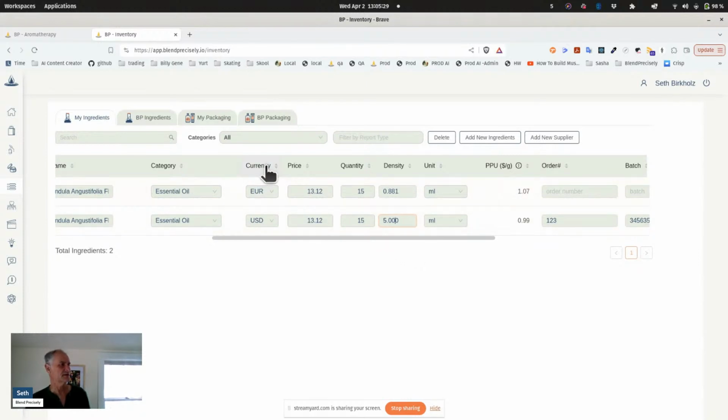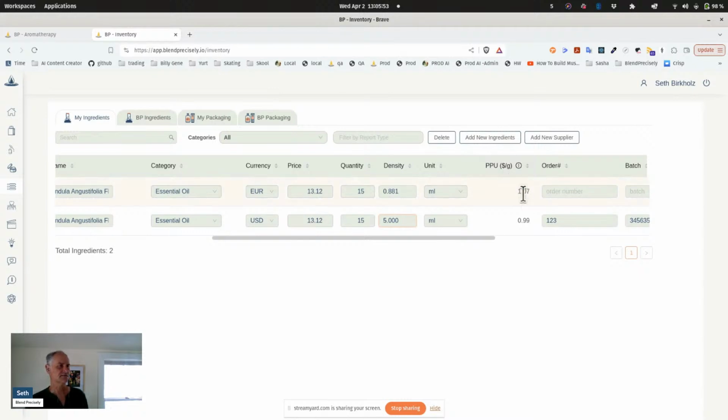Units are in, it doesn't really matter what the currency is, but what's relevant is the price, the quantity, the density, and the unit. And these 4 things work together to come up with the price per unit.